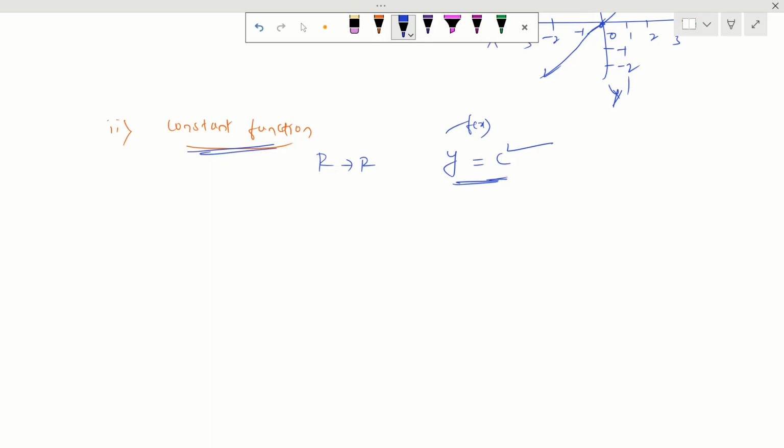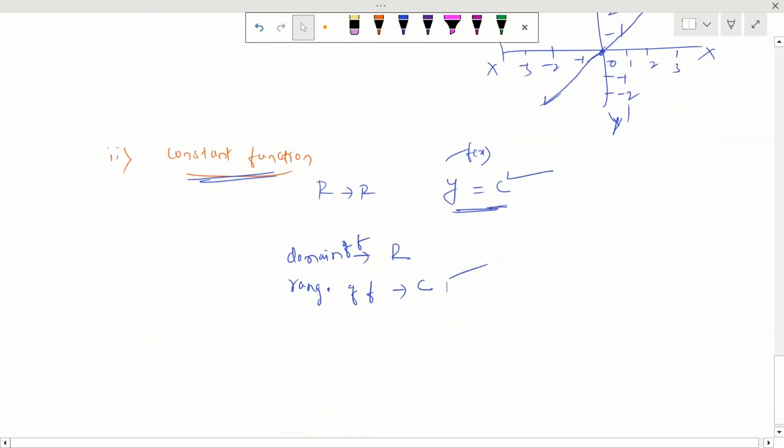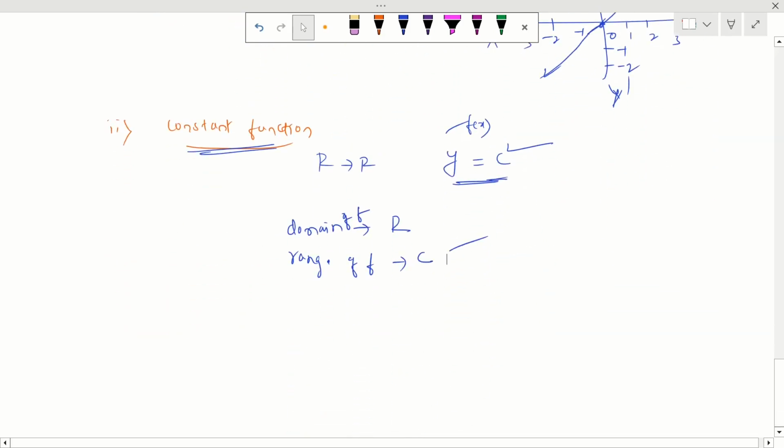What about the domain and range here? The domain of the function is R, domain of f, you write. What is the range? The range of the function is constant. In the previous cases both the domain and range of the function were the set of real numbers, but here the domain of the function is R and the range of the function is constant.